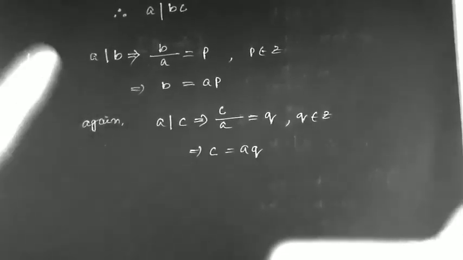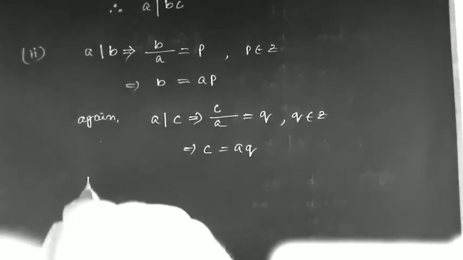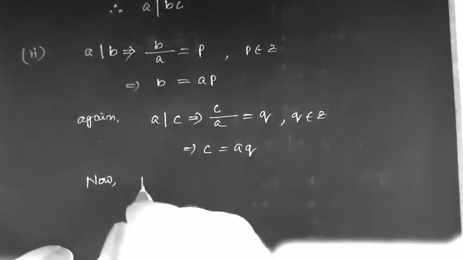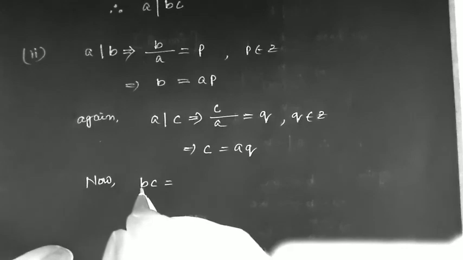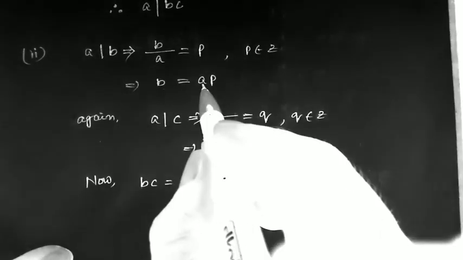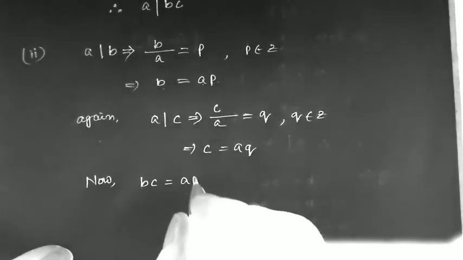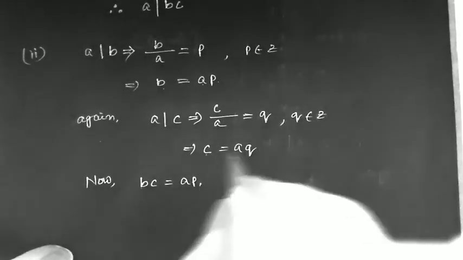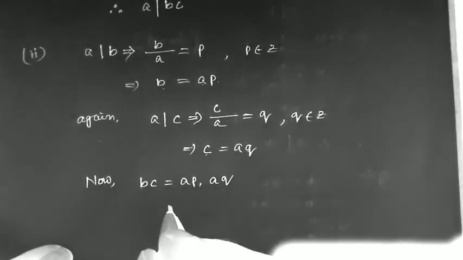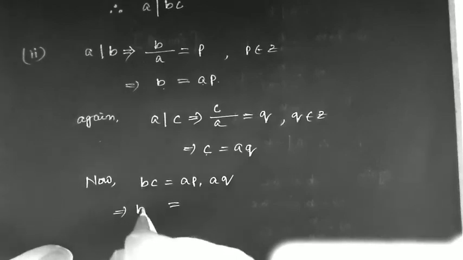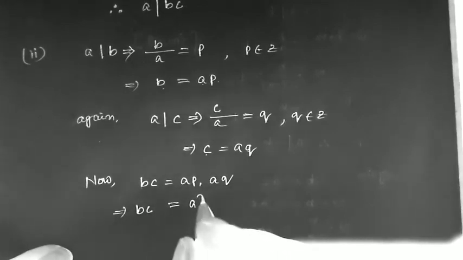So first of all, bc is equal to, put the value of b and c. We have b means ap and c means aq. So this thing bc can be written as a square into pq.